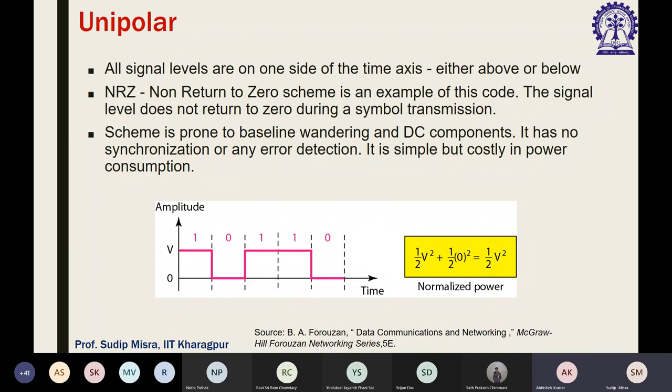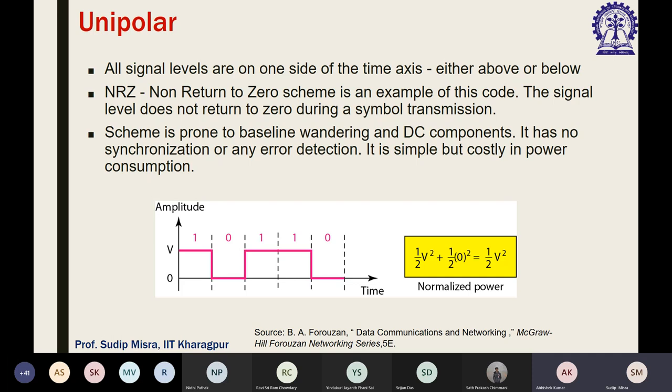There is another factor which is also important to evaluate these encoding mechanisms, which is called synchronization. This scheme has no synchronization or any kind of error detection.